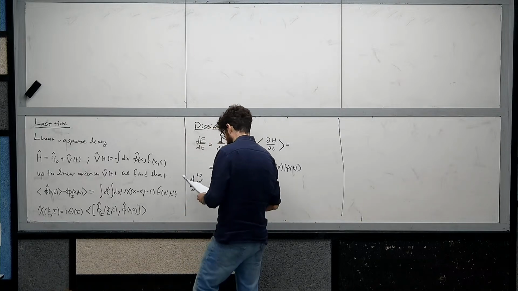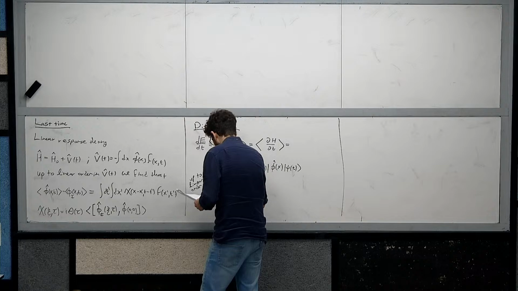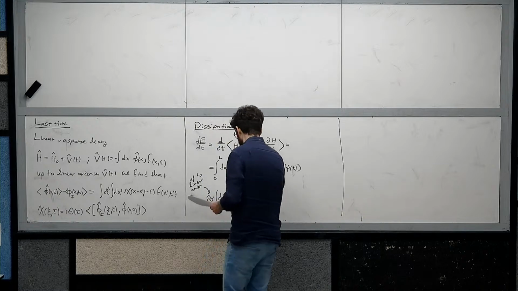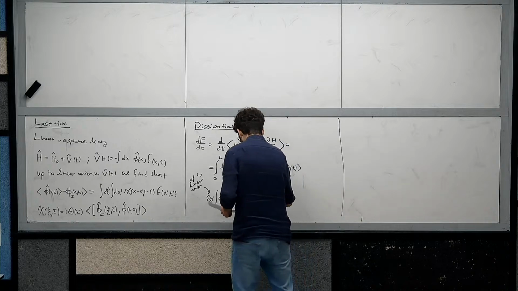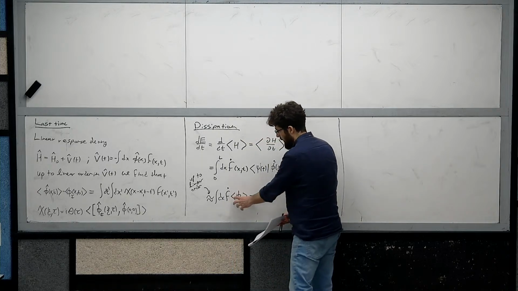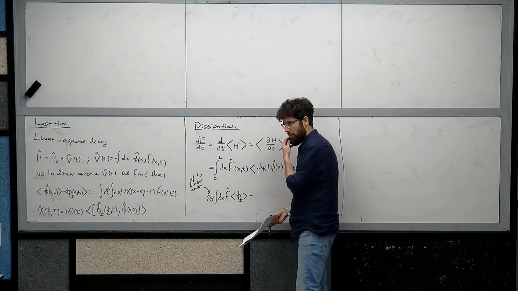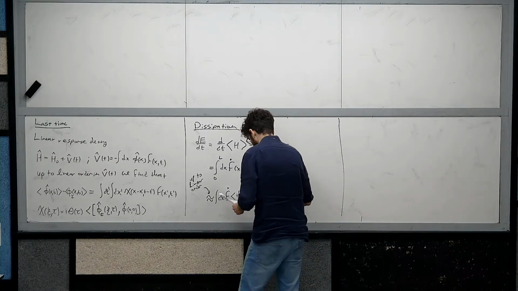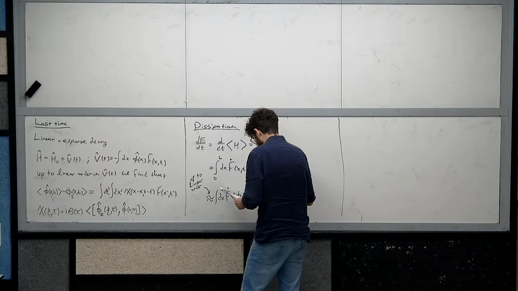We get that this thing is some integral of dx f dot phi I, which is the trivial part, which, because phi I has to be oscillatory, typically doesn't contribute a constant power term.